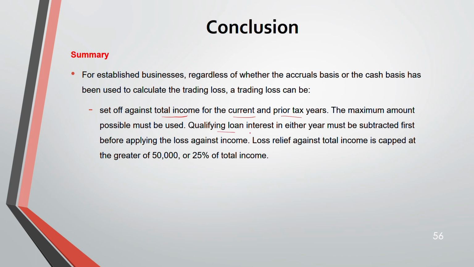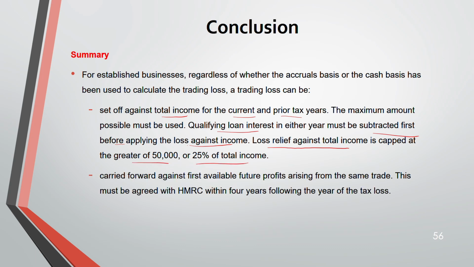So qualifying loan interest in either year, current or the previous, you have to deduct first before you apply the loss against income. Why? Qualifying loan interest you can carry forward, loss you can always carry forward. And this loss relief against total income, again there's a restriction, greater of 50,000 or 25% of total income. Then carry forward against profit. That means against trading income only, carry forward income you can get relief.